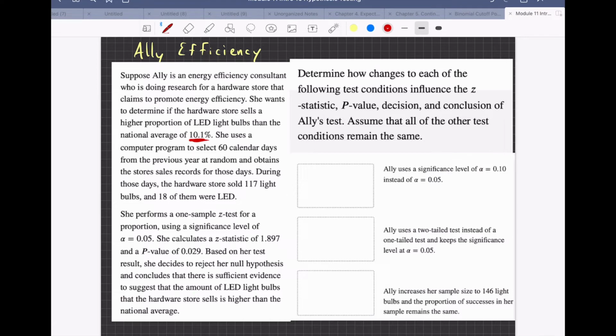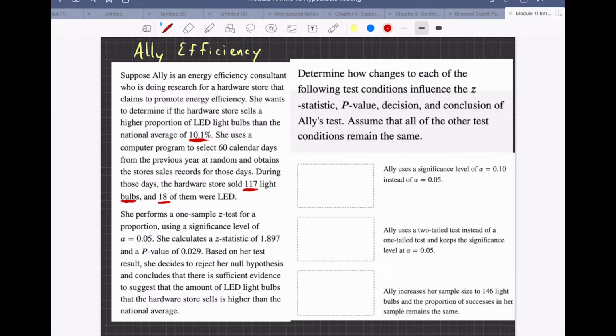She uses a computer program to select 60 calendar days from the previous year at random and obtains the store sales records for those days. During those days, the hardware store sold 117 light bulbs and 18 of them were LED.